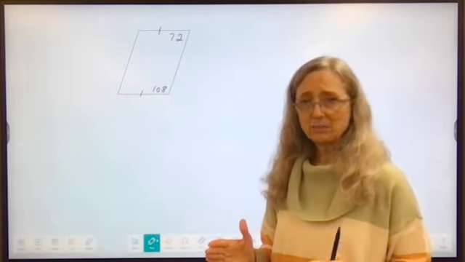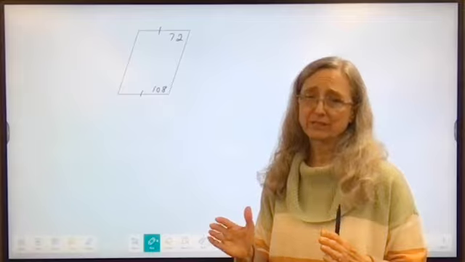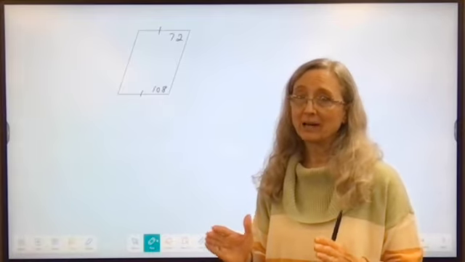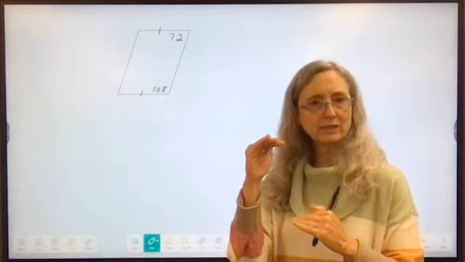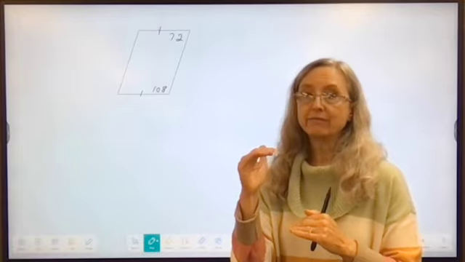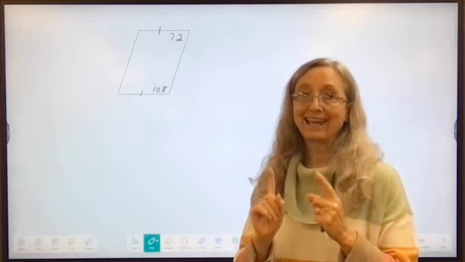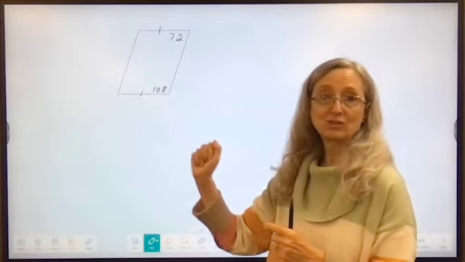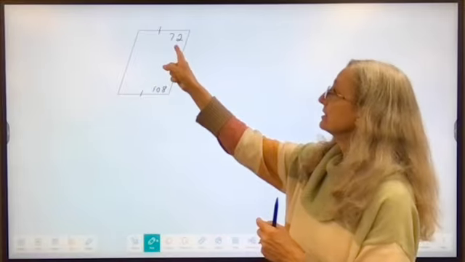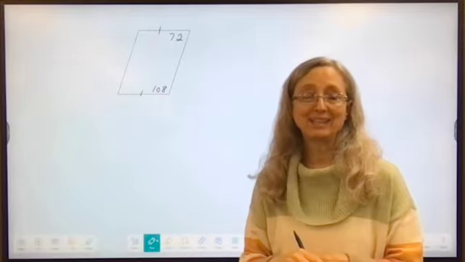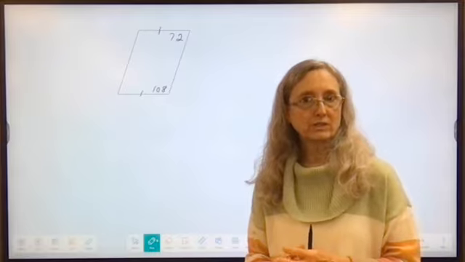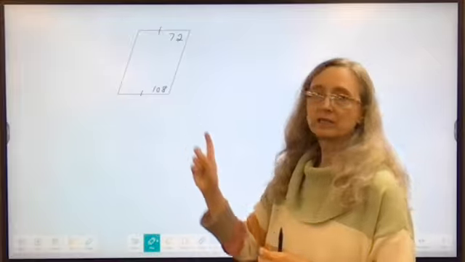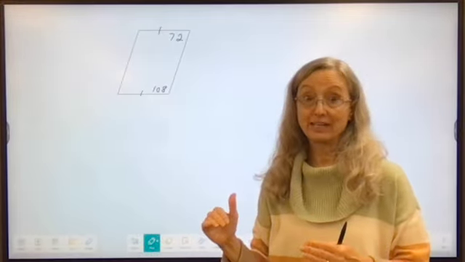So to think about it, I don't have both opposite sides are congruent, so I might think no. But remember, if I have one side, it's enough if they're both congruent and parallel. So let's look at the relationship between these two angles. This is 72, this is 108. Those two are supplementary, because 72 plus 108 is 180.